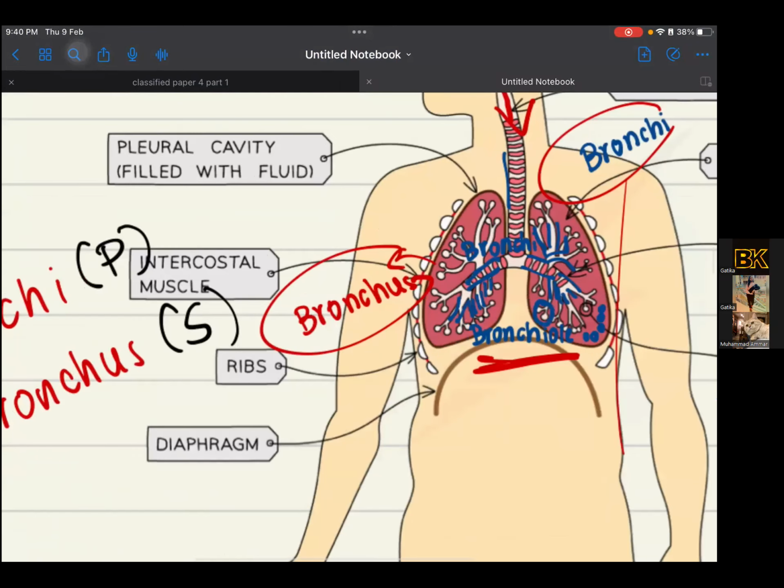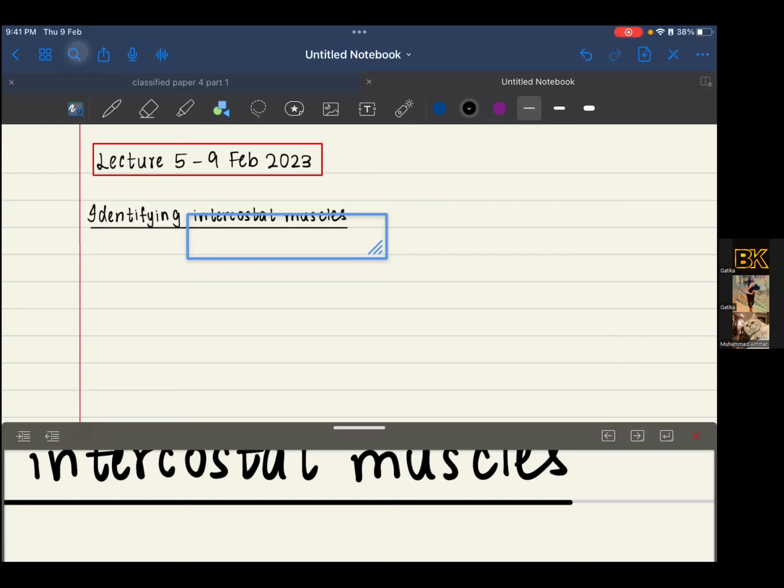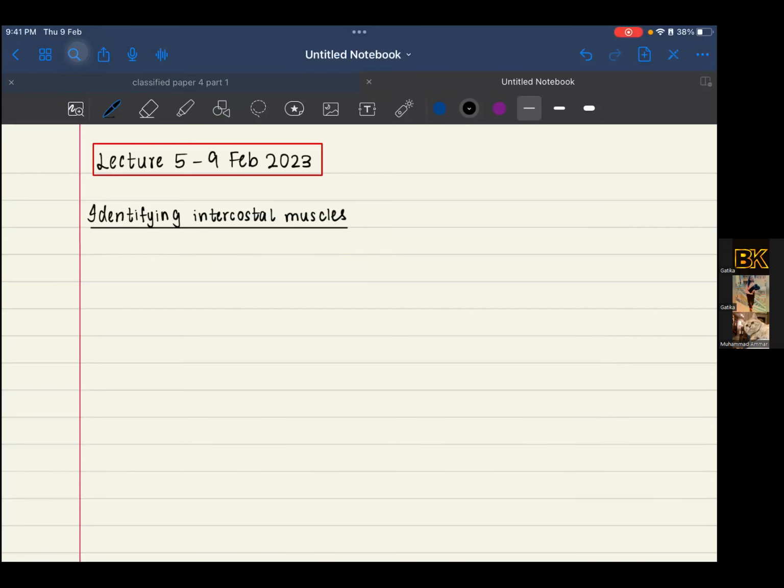Now, last class I told you that these intercostal muscles basically help to expand or contract the lungs, right? Now, what you need to know is muscles can only pull on the bones.